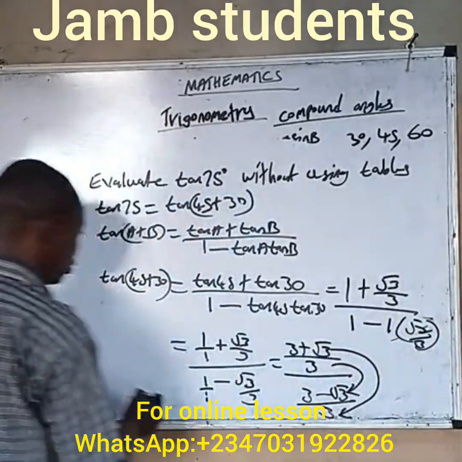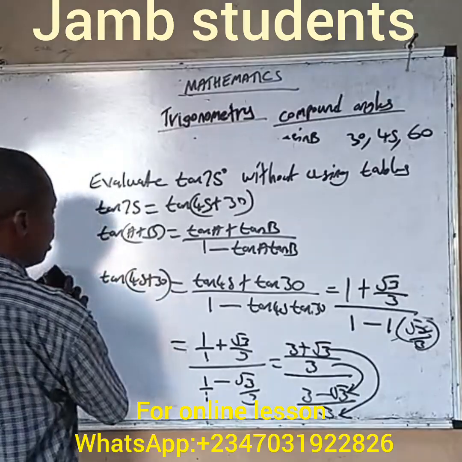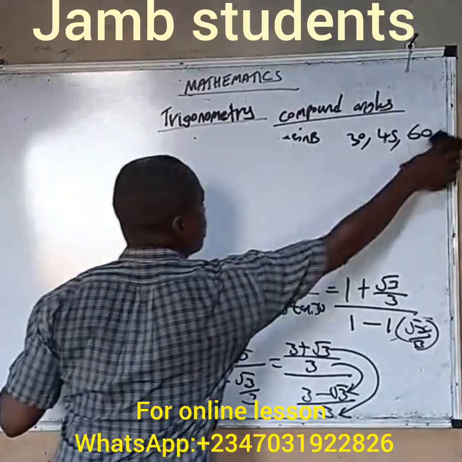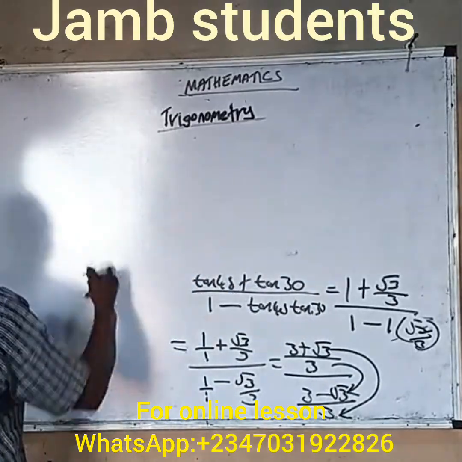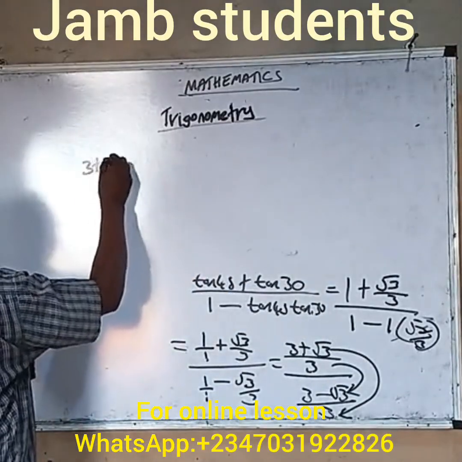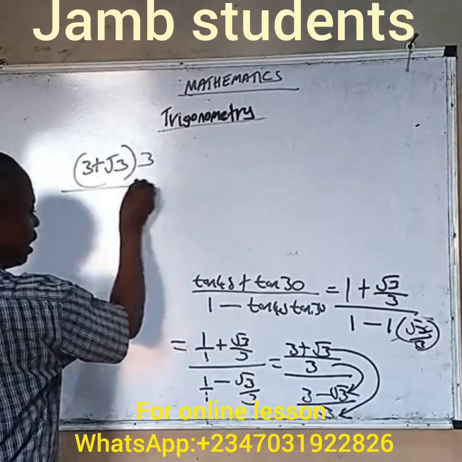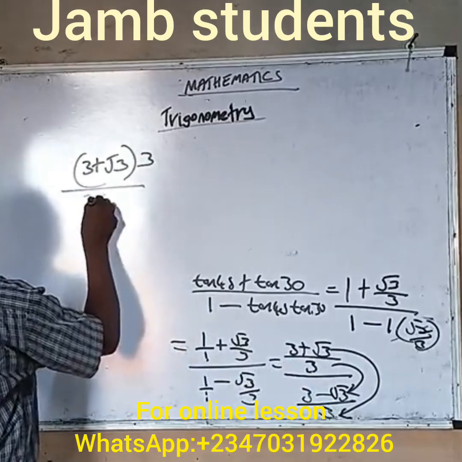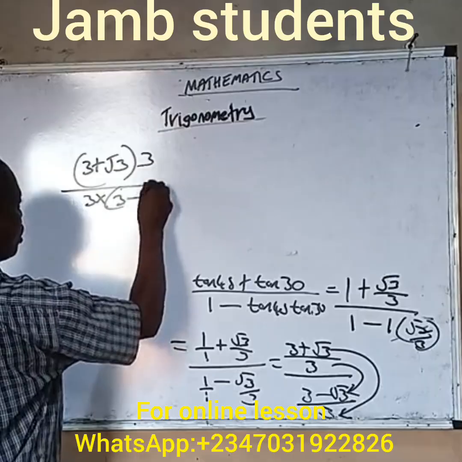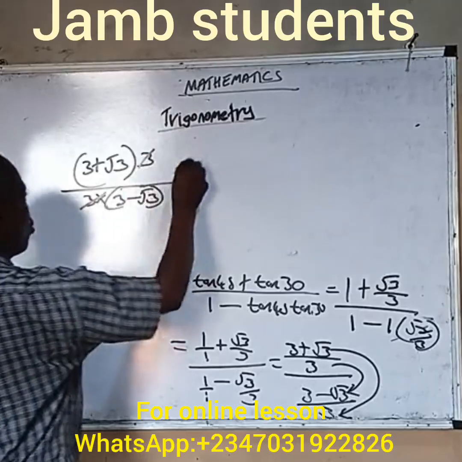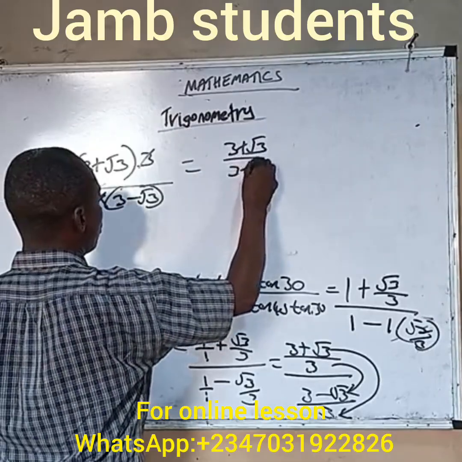So what we quietly have is 3 plus root 3 times this 3, divided by this particular 3 times 3 minus root 3. All right, this 3 will cancel this 3. So we have 3 plus root 3 over 3 minus root 3.